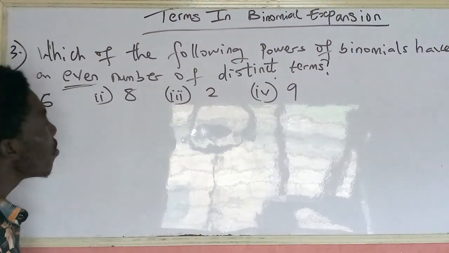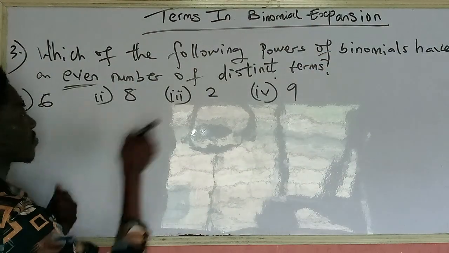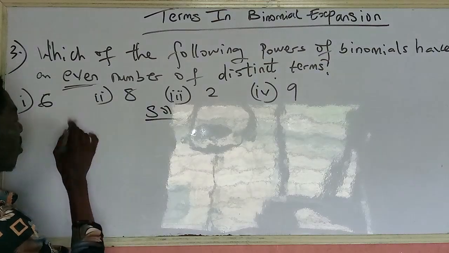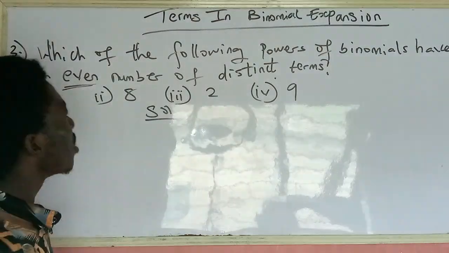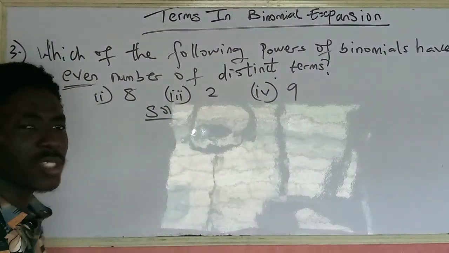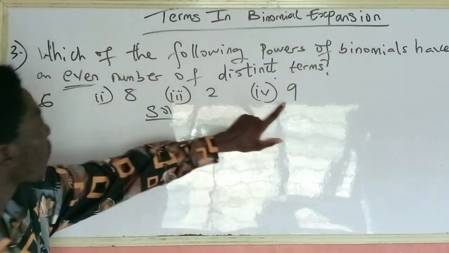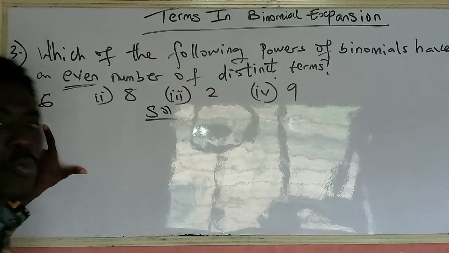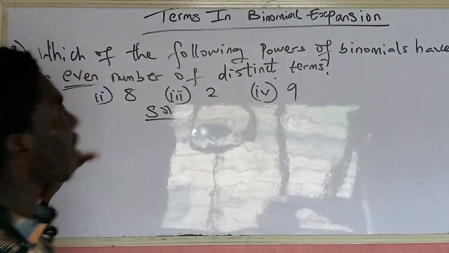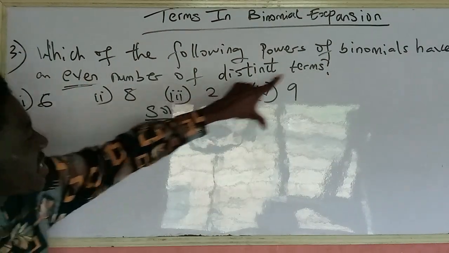Give the following answer. So what will be your answer? Now they're asking that the number of terms of each power of this will be an even number. You can see an even number of distinct terms.